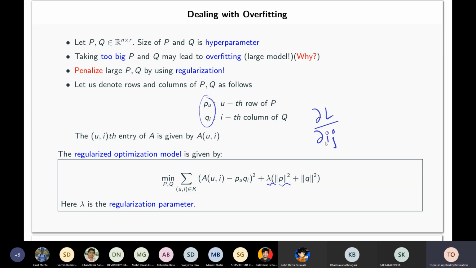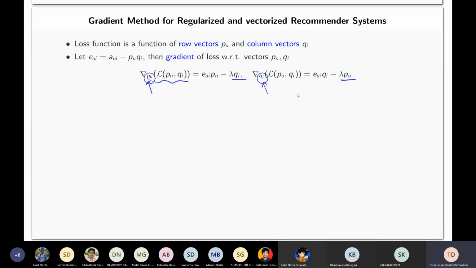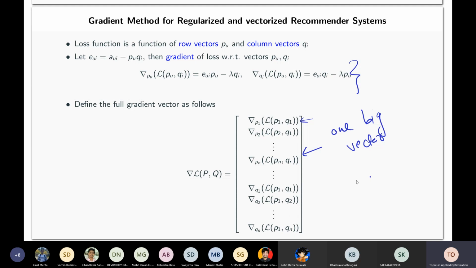So you can compute gradients like this, where you treat P_ij and Q_ij as entries, as variables. But here I have done a vectorization, so that's why it looks like this. It doesn't matter anyway. So the gradient can be computed, but remember that everything has to be stacked. So the gradient is always just one vector. Gradient cannot be a matrix. So all these vector gradients have been stacked vertically.